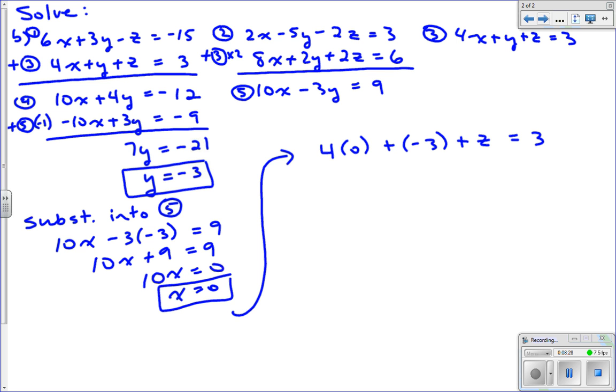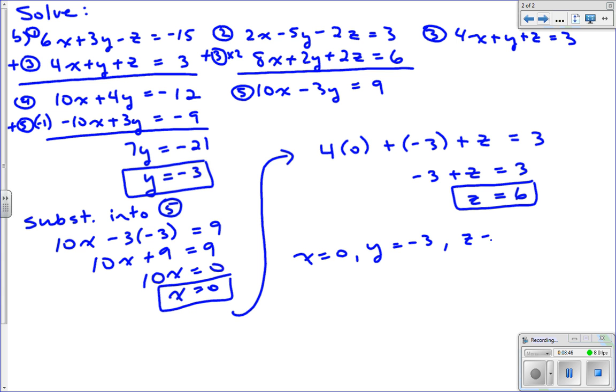So when I simplify that, I've got negative 3 plus z equals 3. So I'll add 3 to both sides. So z equals 6. So my solution is x equals 0, y equals negative 3, and z equals 6. Or I can write that as (0, -3, 6) is the solution.